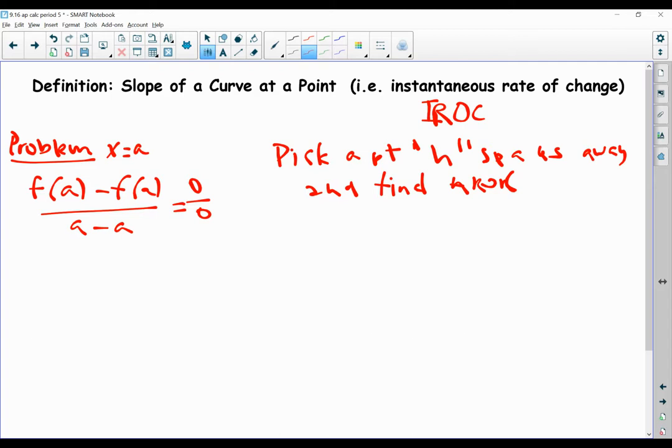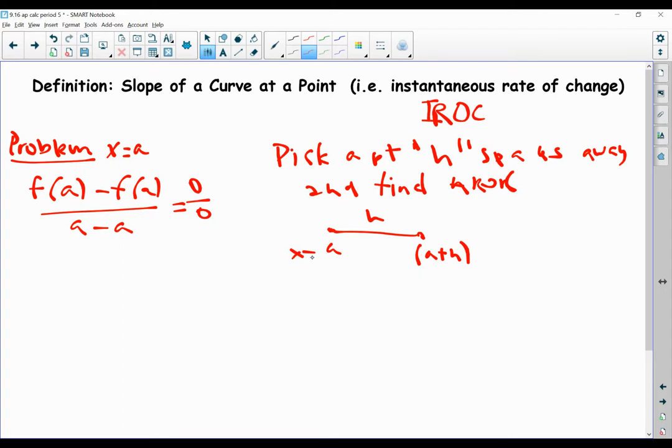So what we would need to do then is find the slope between a point A here. So here's A. And then I'm going to go H spaces away from A and name this point A plus H.